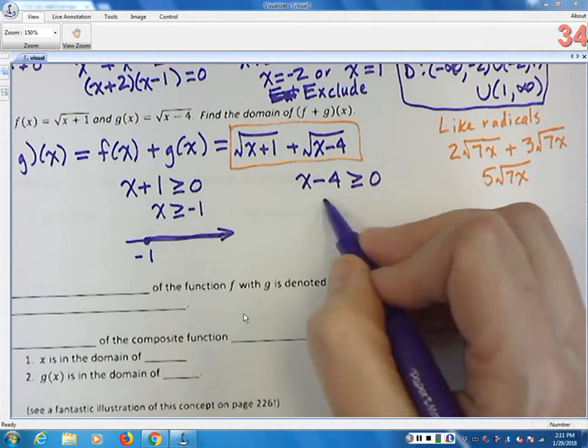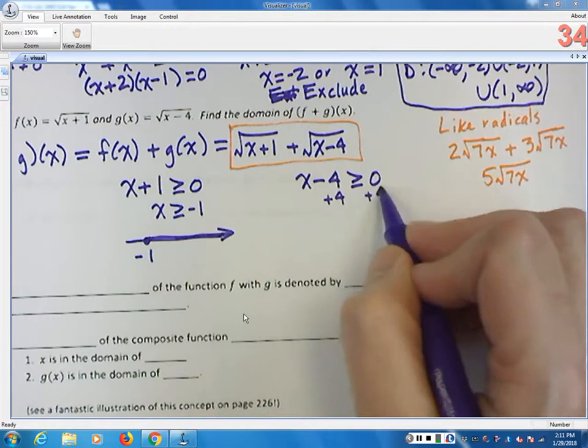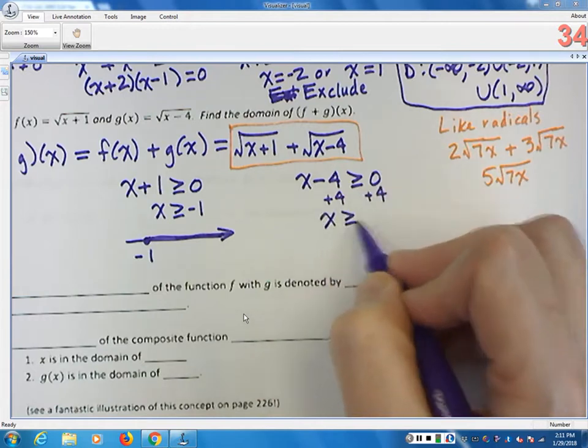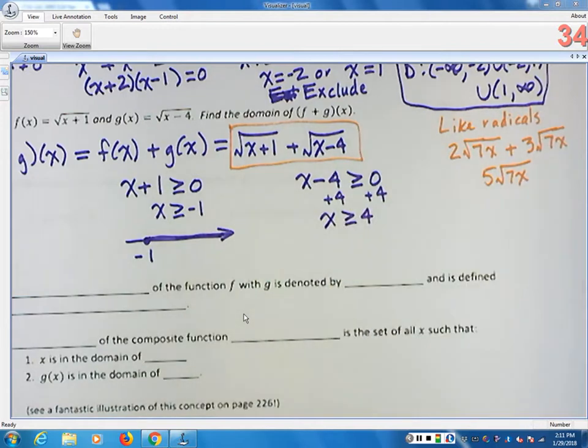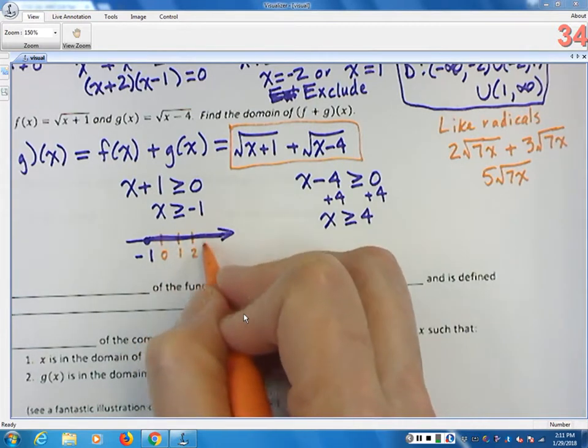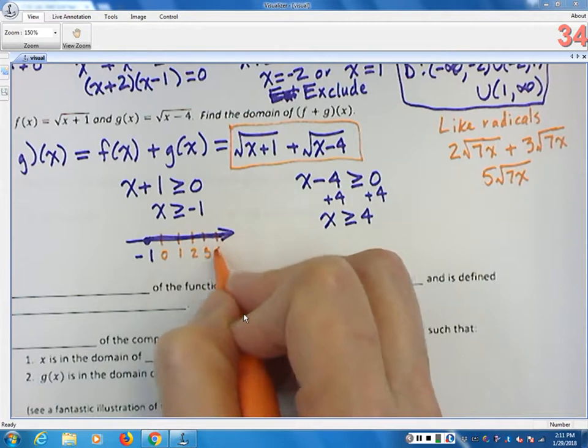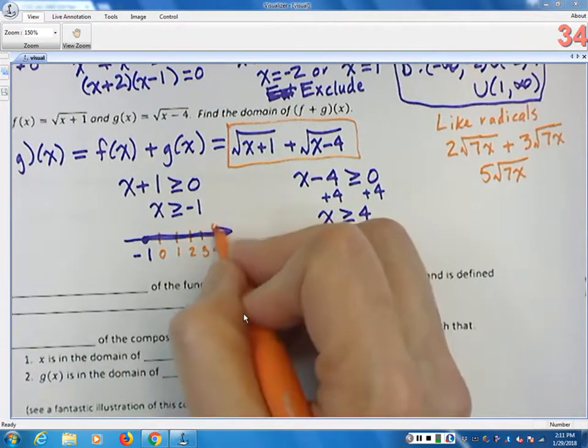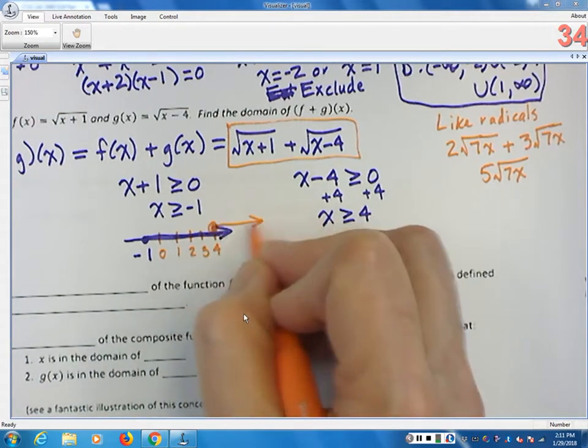We add the 4. X has to be greater than or equal to 4. So 0, 1, 2, 3, 4. So we've got 4 and up.